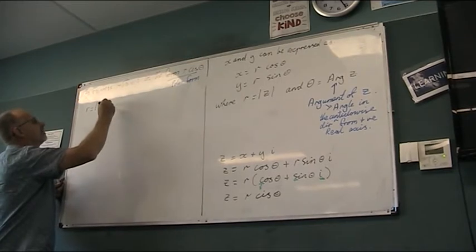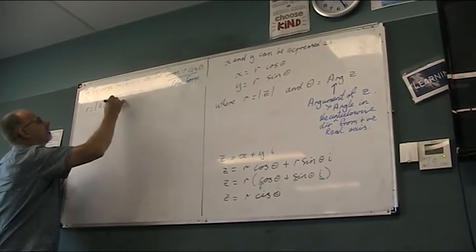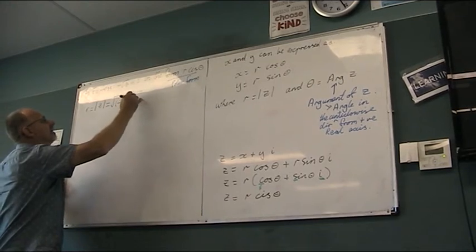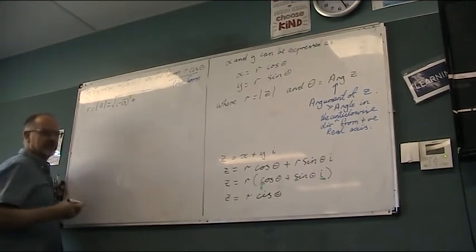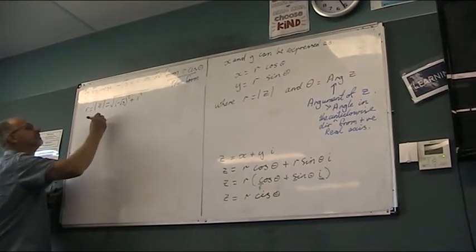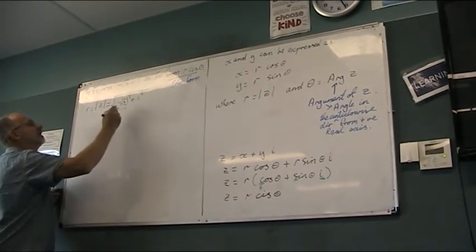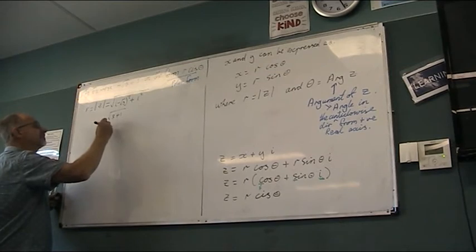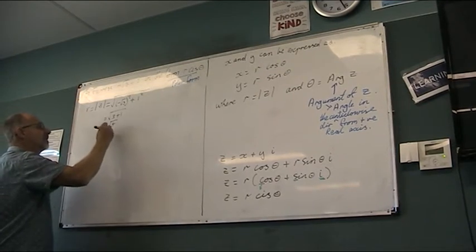All right, take the components, the real component, which is root 3, and square it. The imaginary component, which is 1, and square it. So root 3 squared should be 3, 1 squared is 1, root 4.